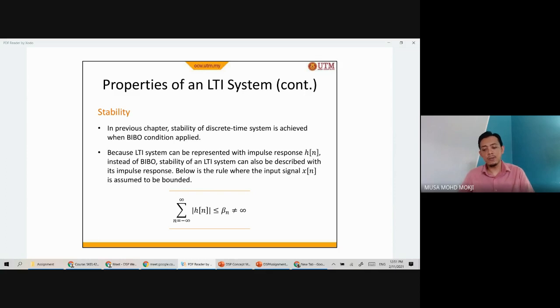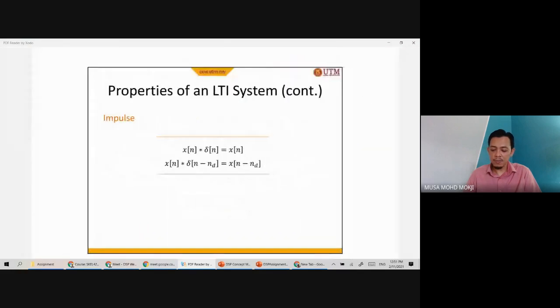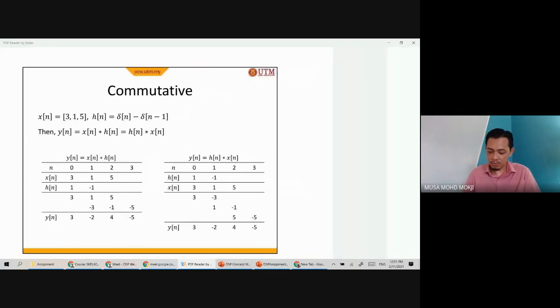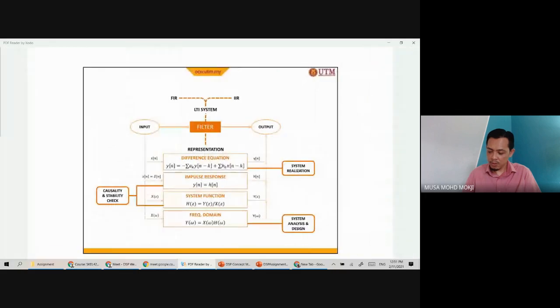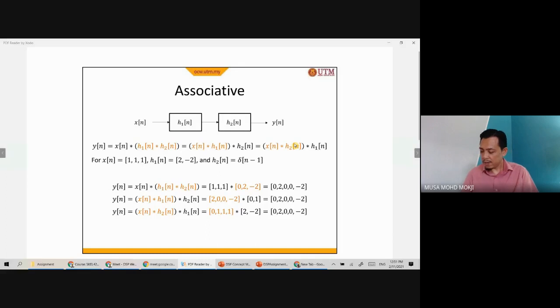So we're going to cover these properties of an LTI system: stability, causality, the impulse response, and linearity properties, which are commutative, associative, and distributive, which are actually quite simple. We'll cover it in our next class, because there are some samples there.